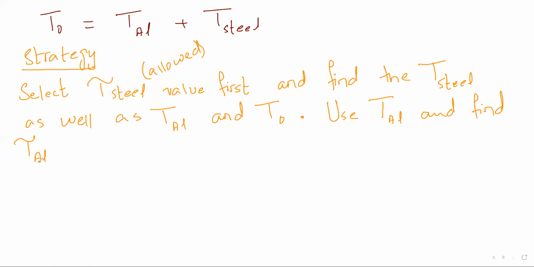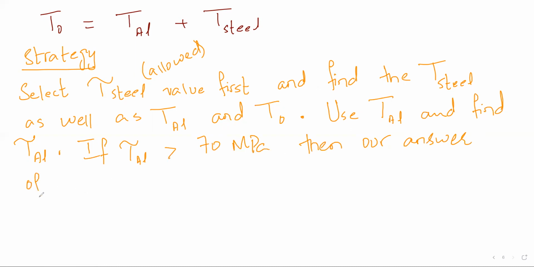Now, if your shear stress, of course you have to come up with this strategy, but I'm telling you right now, is greater than 70 megapascals, then our answer of T naught, T aluminium, and T steel are wrong.